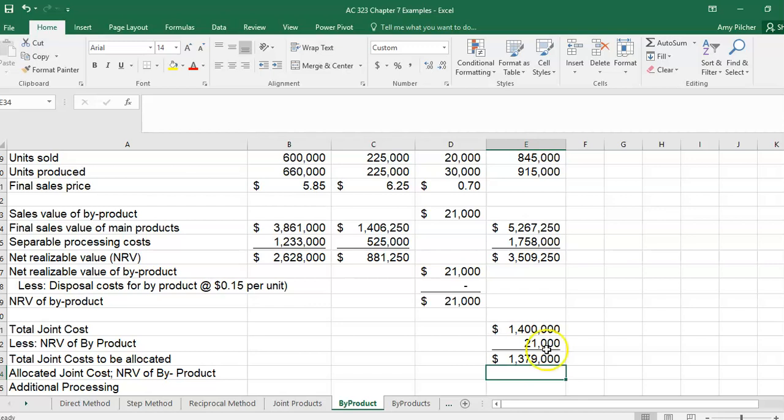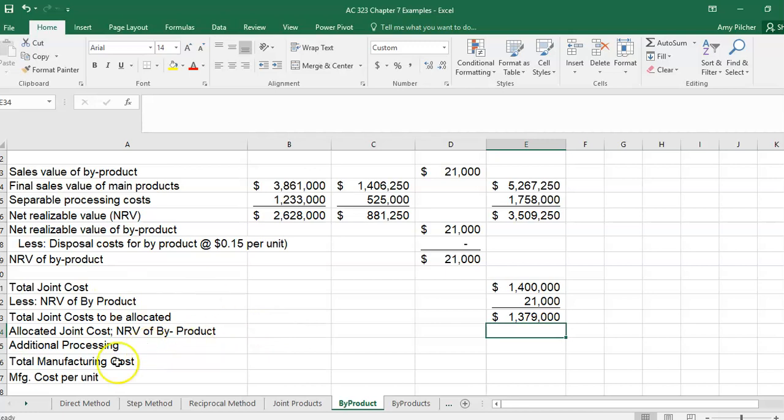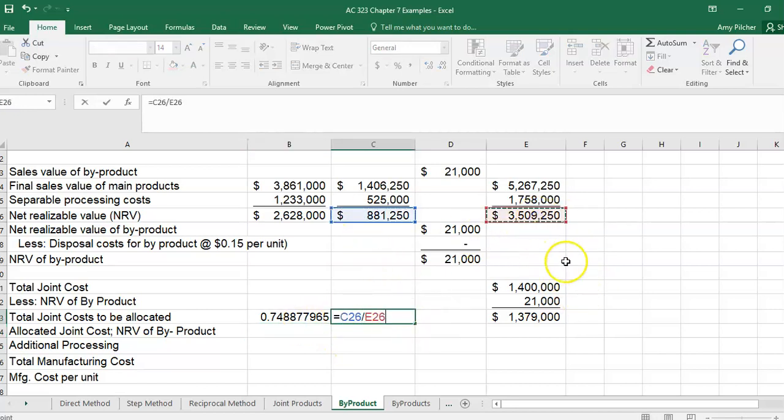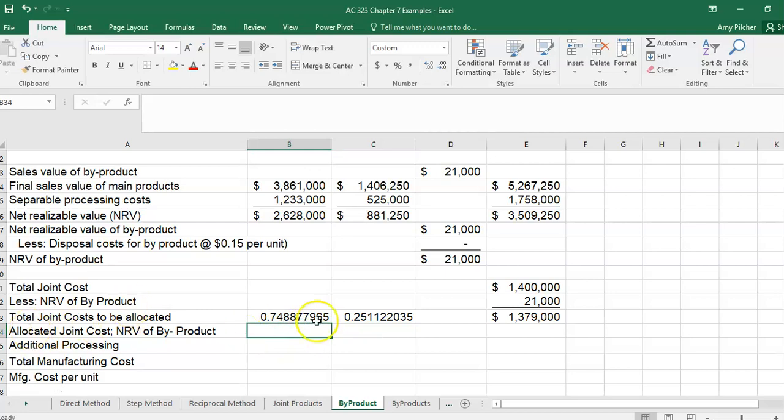So we are going to determine what our allocated joint cost amount is going to be based on our percentage. So we need our percentage amount. We take total amount by its realizable value. We're going to allocate our cost based on our percentages.